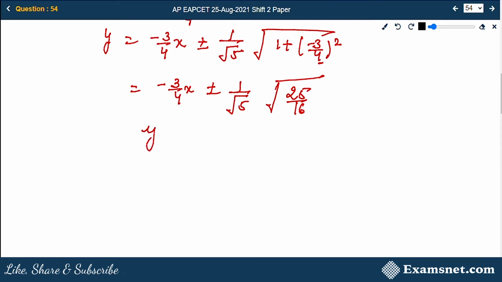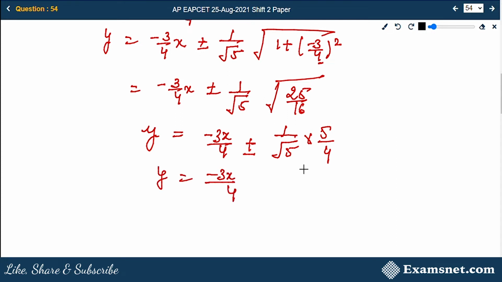That means y will be equal to minus 3x upon 4 plus minus 1 by under root 5 into 5 upon 4. This will make it y is equal to minus 3x upon 4. The root 5 will get cancelled, plus minus 1 upon 4, or 4y is equal to minus 3x plus minus root 5.